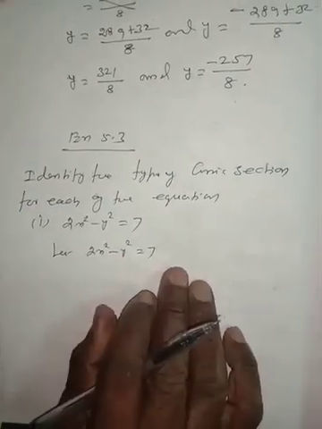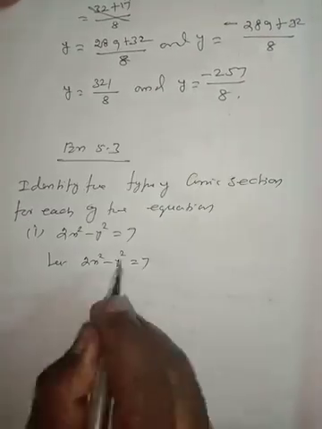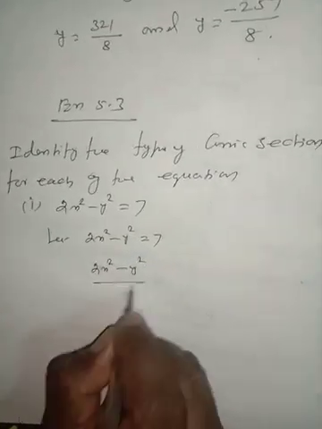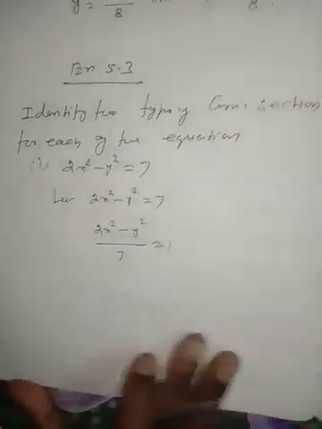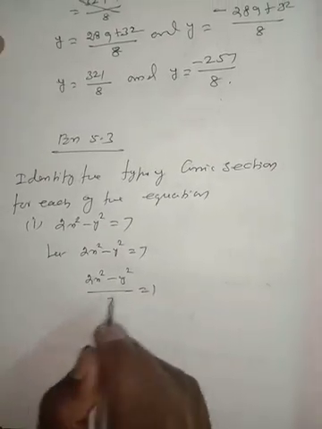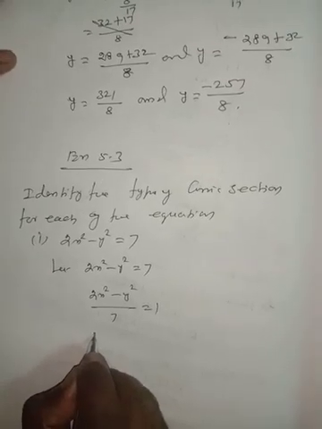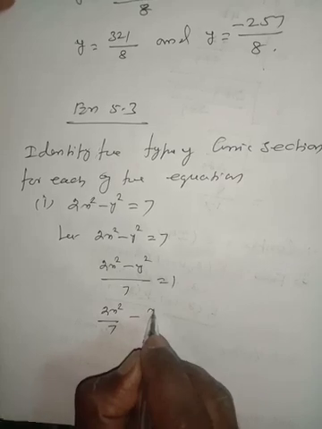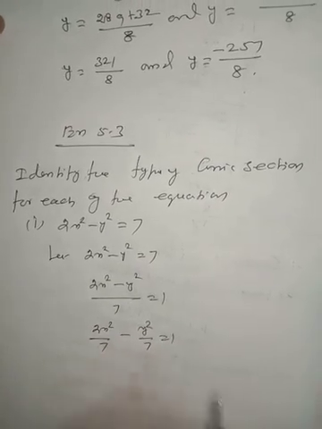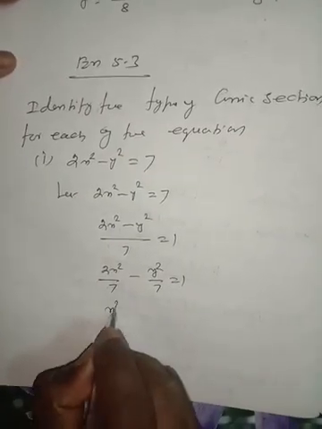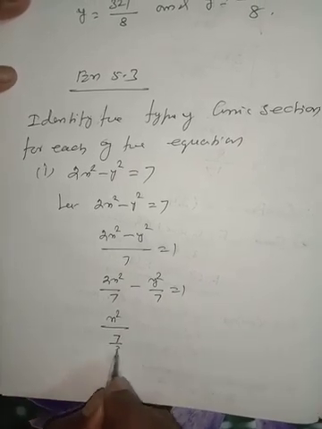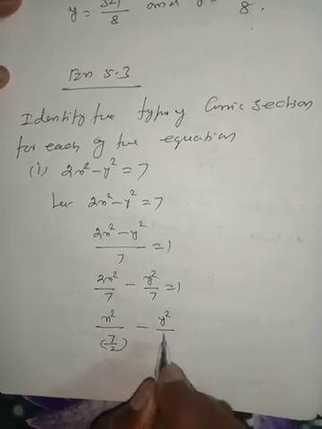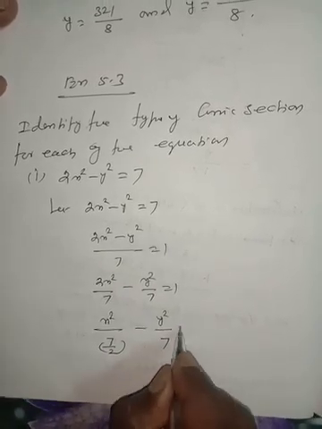Divide through by 7 on both sides: 2x square minus y square divided by 7 is equal to 1. This can be split into two parts: 2x square by 7 minus y square by 7 is equal to 1, so x square divided by 7 by 2 minus y square by 7 is equal to 1.